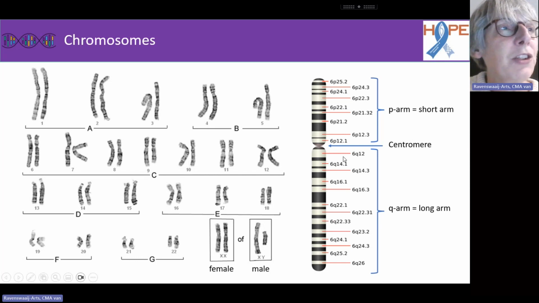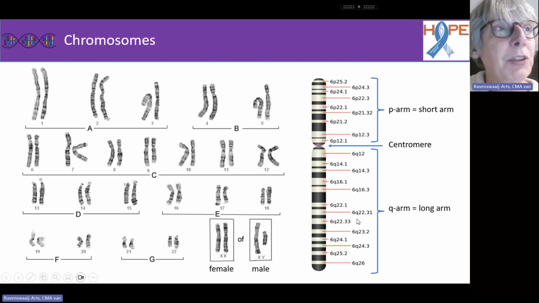First of all, each chromosome shows a constriction somewhere in the chromosome. You can see it in each chromosome. That's called a centromere. It divides the chromosome into a small part and a large part. The small part is called the P arm, the short arm. P is French for petit. And the large part is called the Q arm, the long arm.